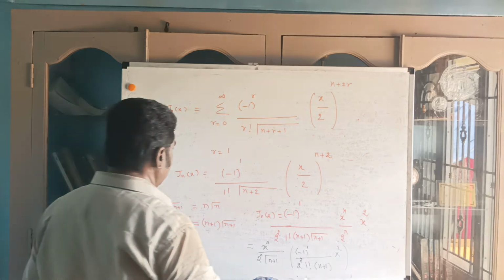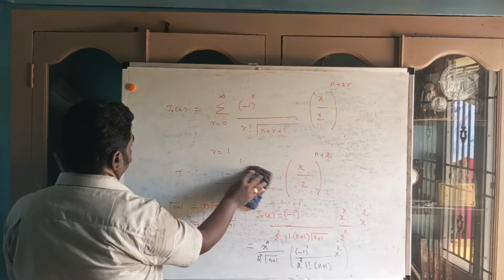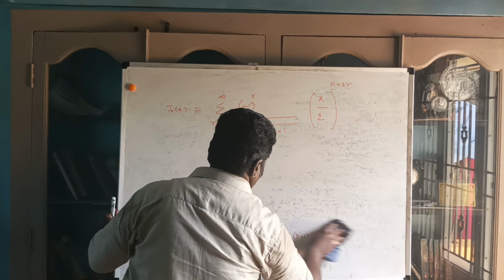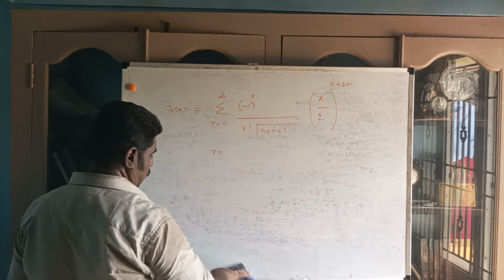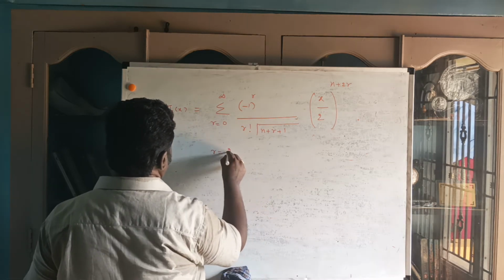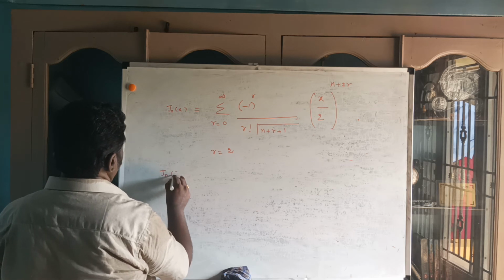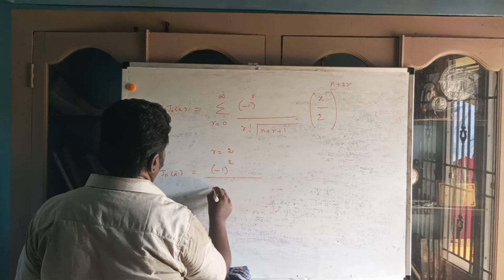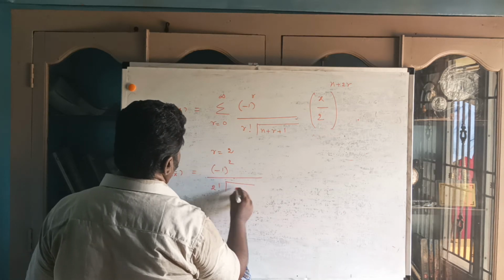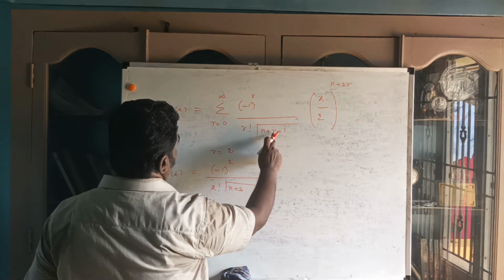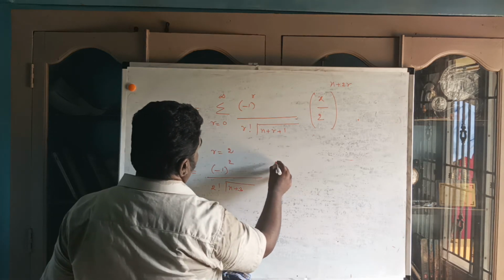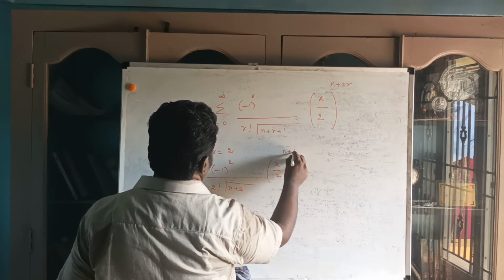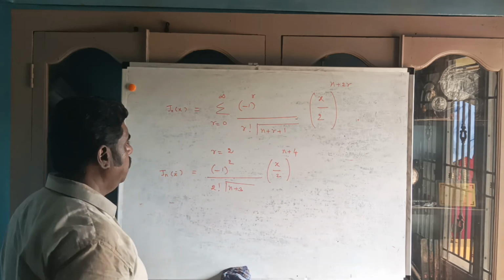So we can get the second term of the series. If you put the value of r equal to 2, then Jn of x is equal to minus 1 square divided by 2 factorial, then gamma of n plus 3, because r equal to 2 plus 1 is 3, here x by 2 power n plus 4, 2 into 2 is 4.